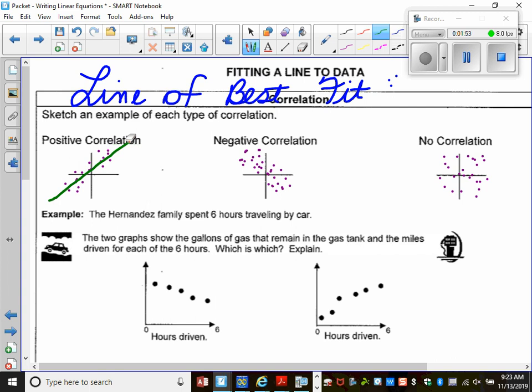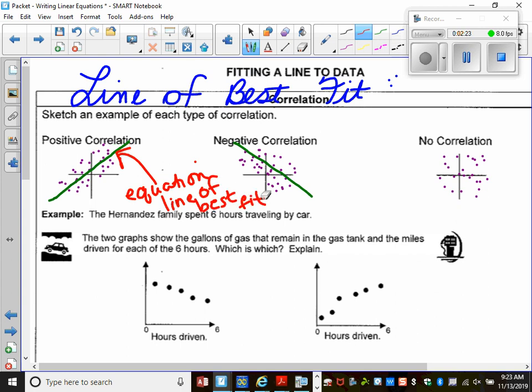Since we can't connect all the points, we say, if I have dots on both sides of this line, I'm going to go in the middle, and then I need to determine the equation of that line, which is what we call the line of best fit. And when it has no correlation at all, of course, we don't look for a line of best fit. It's only when it has a correlation.